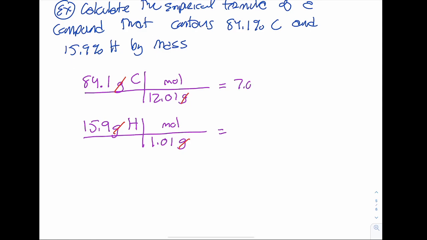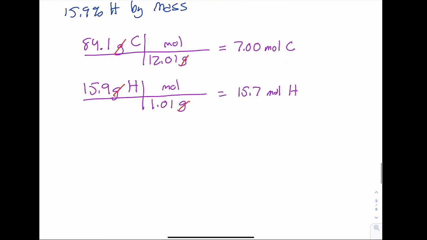I end up with 7.00 moles of carbon. 15.9 divided by 1.01. I have 15.7 moles of hydrogen. So that was my first two steps. We're then going to set up mole ratios. My moles of carbon is the smaller number, so that's going to be divided into my moles of hydrogen.